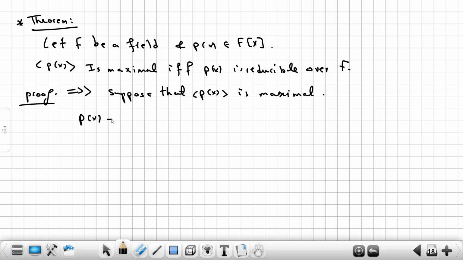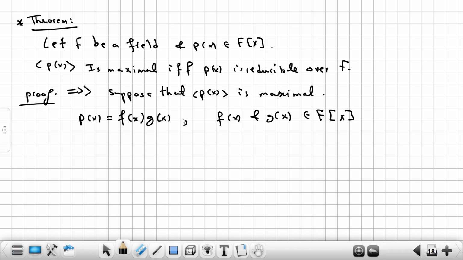So let p of x equal f of x times g of x. We need to show that one of them is a unit polynomial. So we conclude that p of x is irreducible over F, where these two polynomials f of x and g of x, of course, are in F of x.